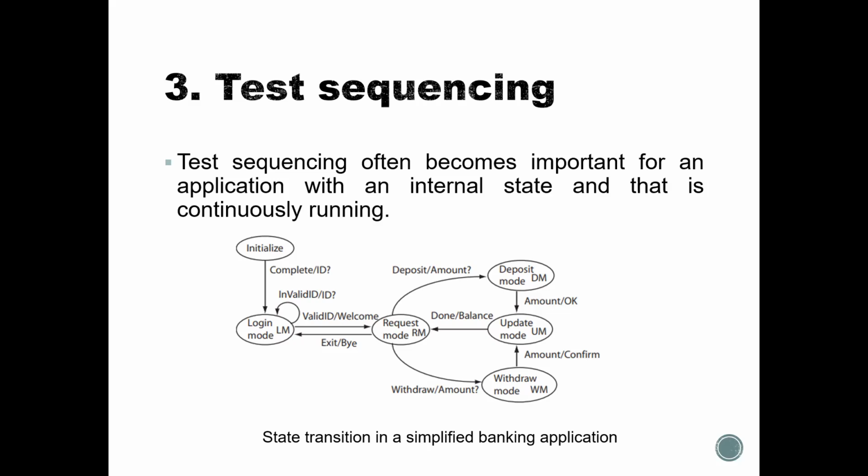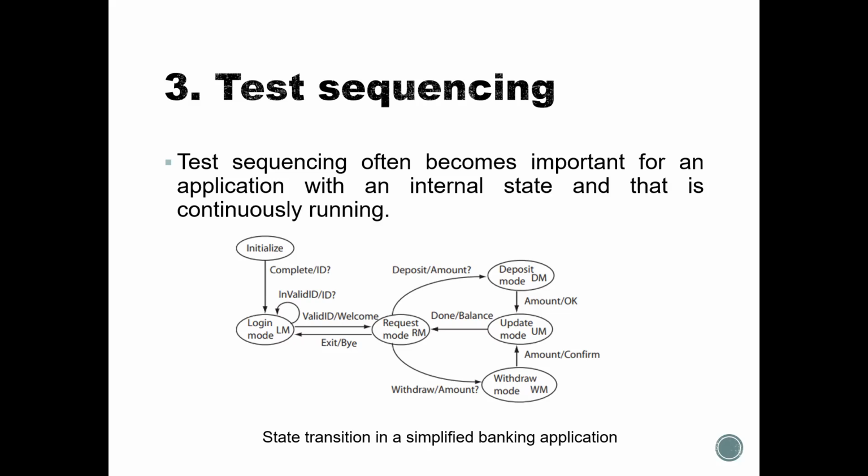Similarly, we can have this kind of operation for the withdraw task, where he can enter an amount, and the amount is checked, meaning whether he has enough balance to withdraw the amount he entered. The system confirms, and once he gets the confirmation, the money is withdrawn from his account, and he goes to the update mode.